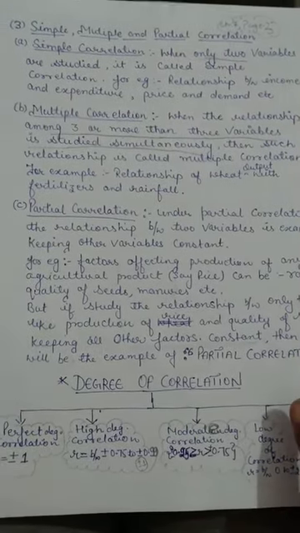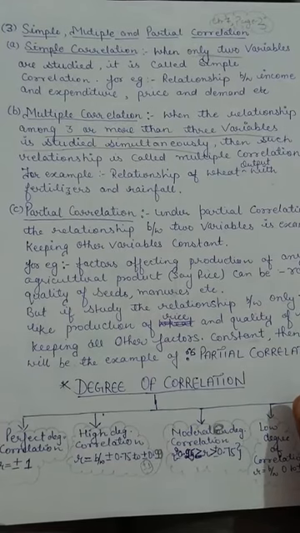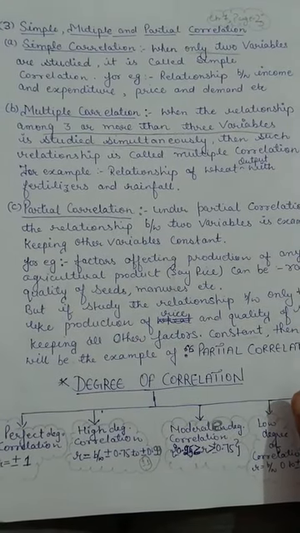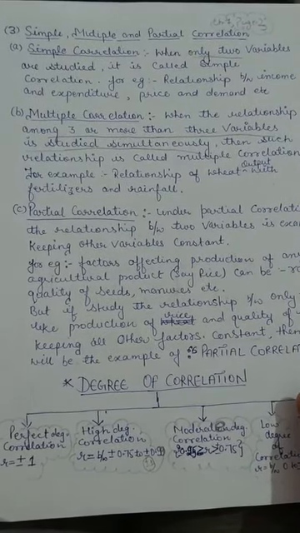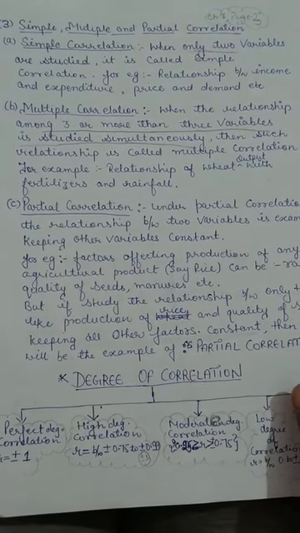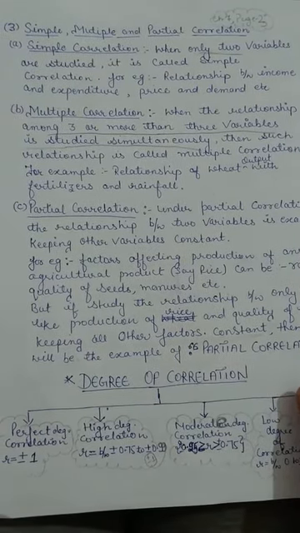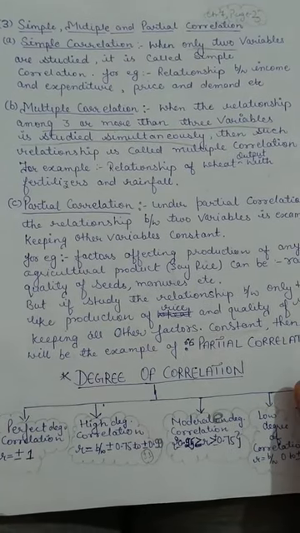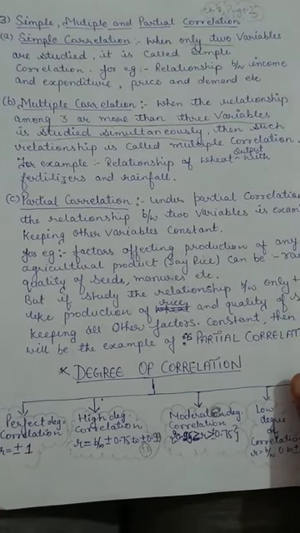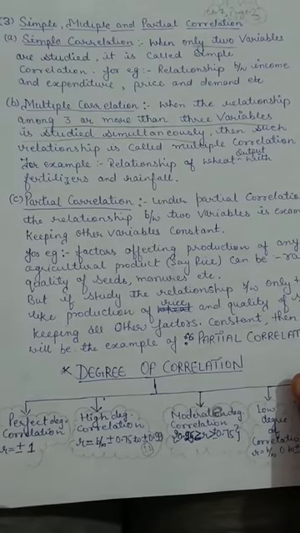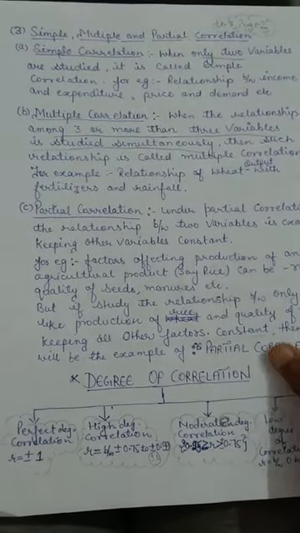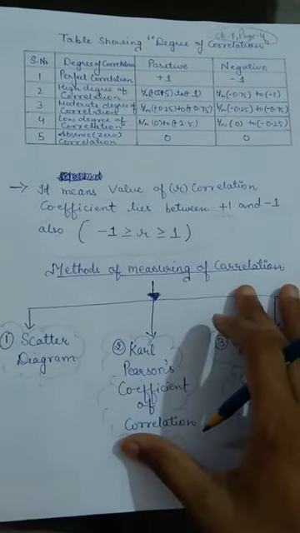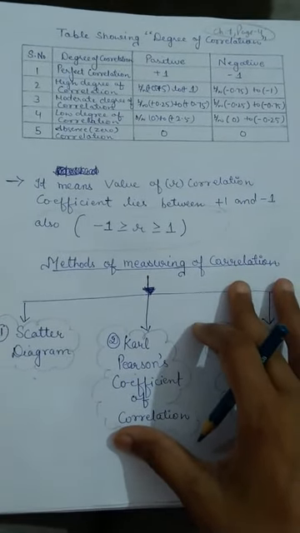Multiple means when we are finding correlation among 3 or more variables. Partial means such an example in which the affecting factors are so many, but we are taking only 2 and the rest we are taking constant.